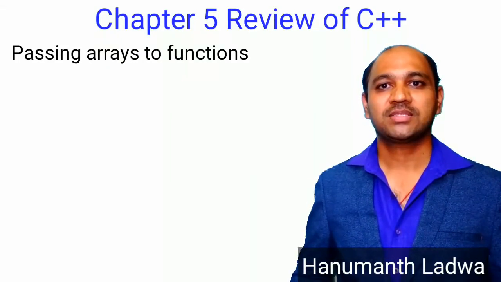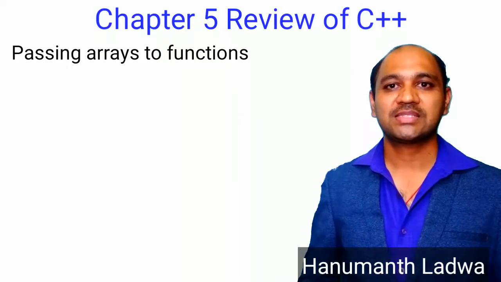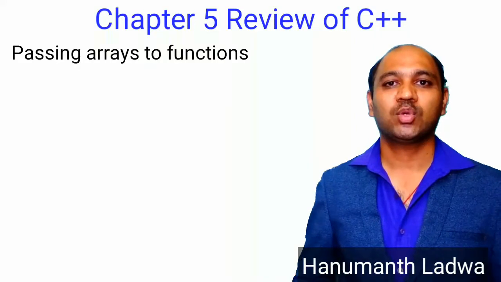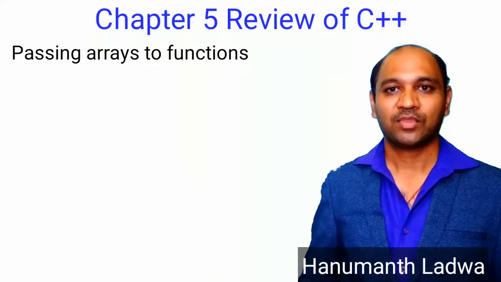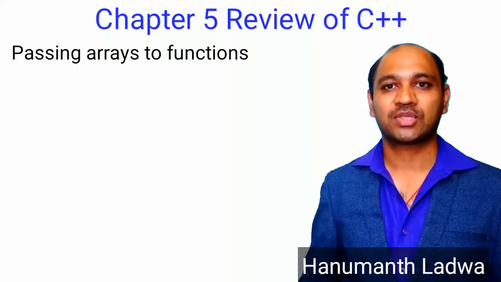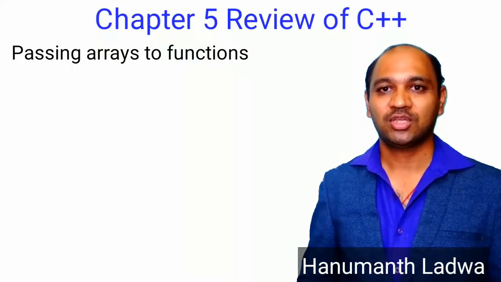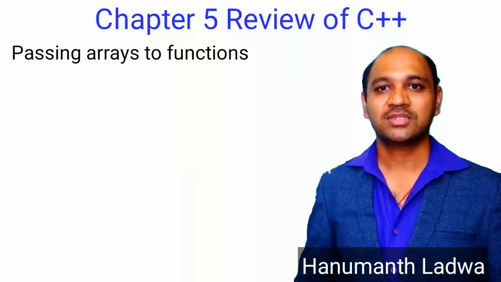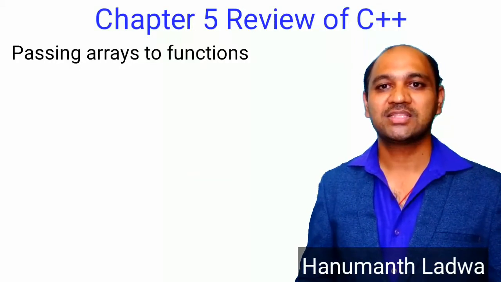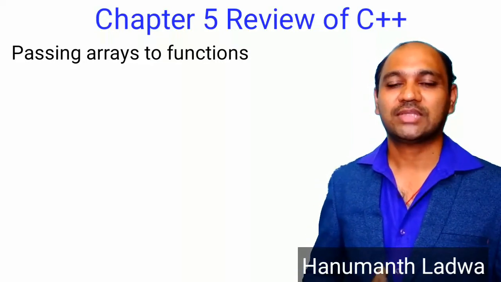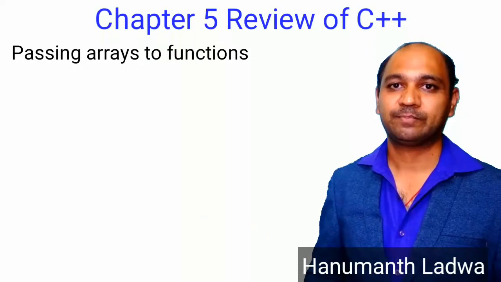We can pass arrays to functions as with normal variables. Here we directly pass only the name of the array, not the entire array with the subscript. Using only the name of the array automatically takes the first block address, and consecutively it starts inserting all the values that are present in the array.